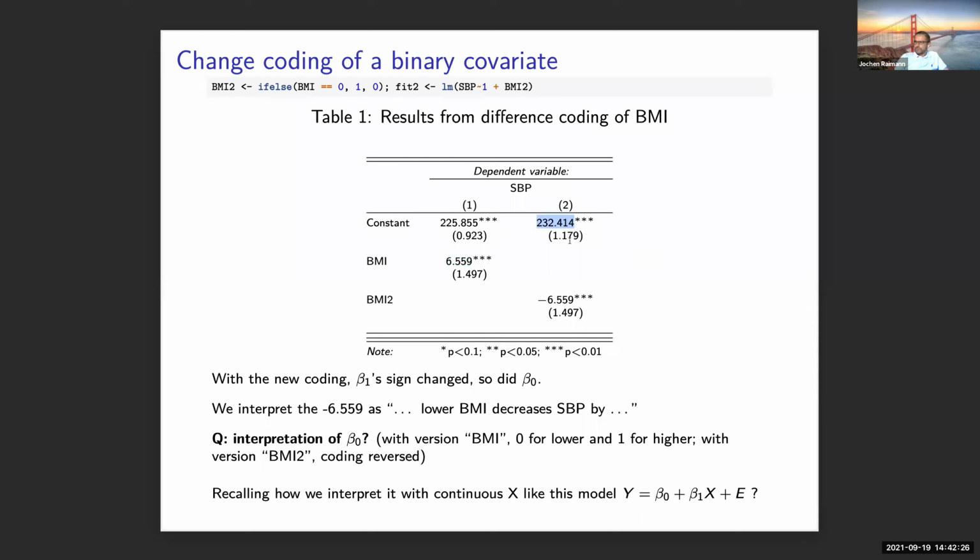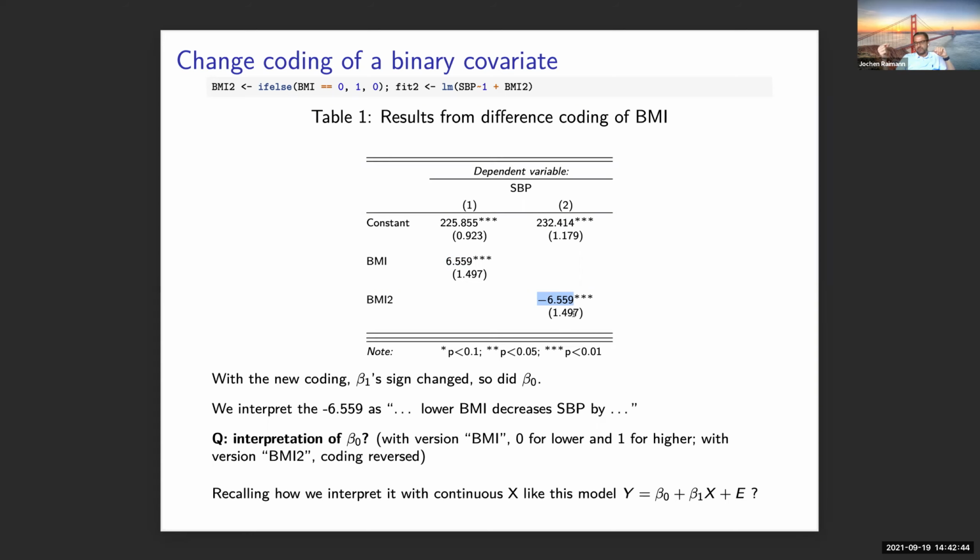If you're changing your reference category, you're coming to 219.32, and you're subtracting 6.6, meaning you changed your reference category and your beta 0 is now referencing a different subsample.